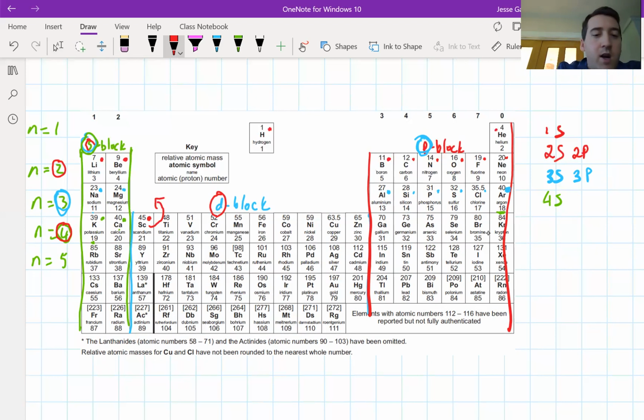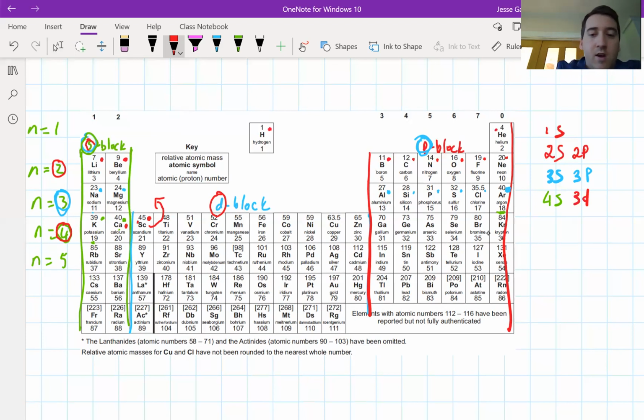Well, the reason they put it on the 4th line is because it's higher in energy than the 4s. So this is 4s up to here, and the next one is actually the 3d. That's the next one after the 4s, and the reason is it's higher in energy than the 4s. That's why it's in the same line. It's a bit silly.